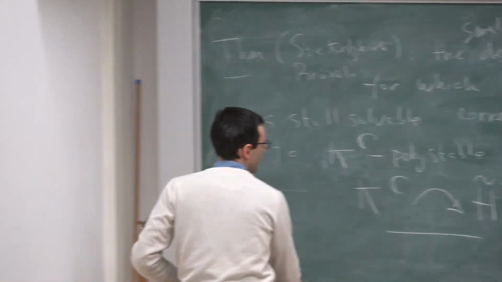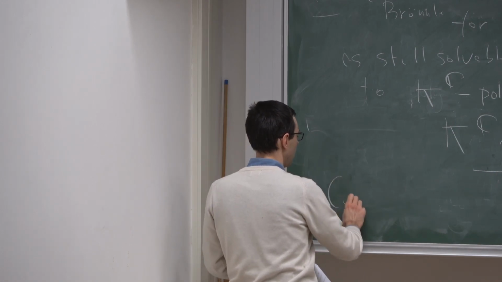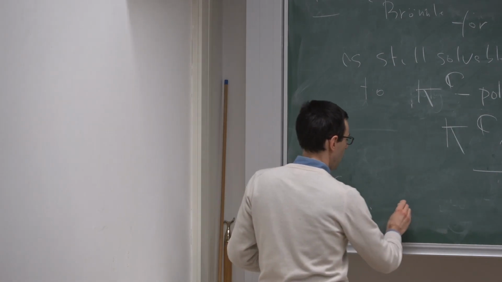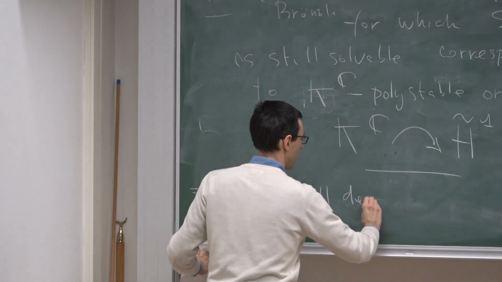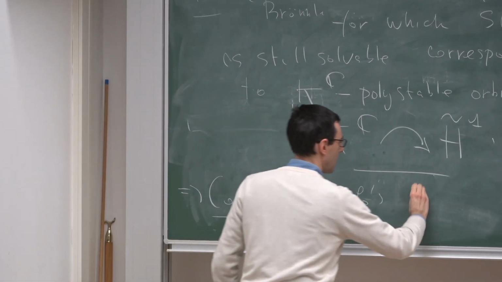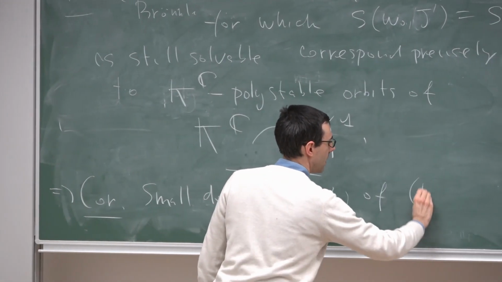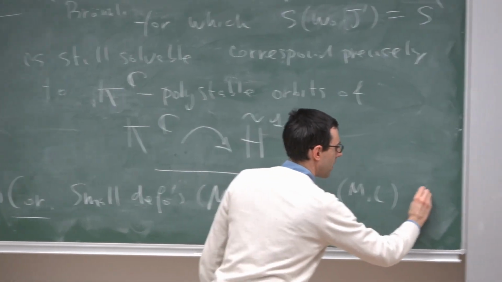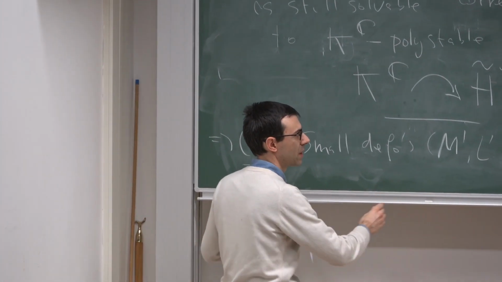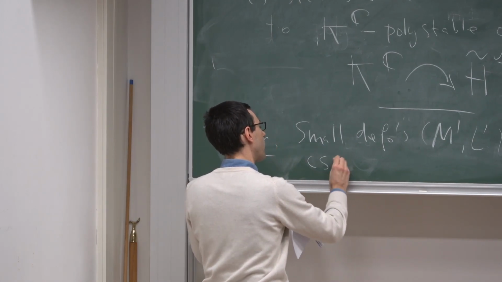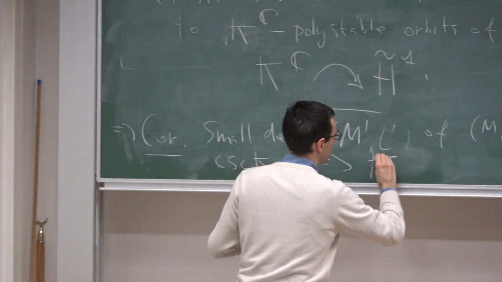And in fact, you can promote this to a corollary that says that you have these small deformations M prime L prime of M L that are still in this good class of CSCK, for which the equation is solvable, if and only if they are actually K polystable.